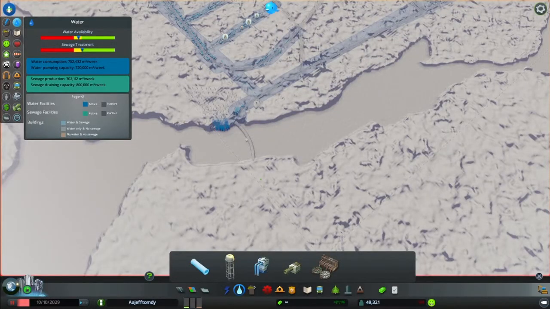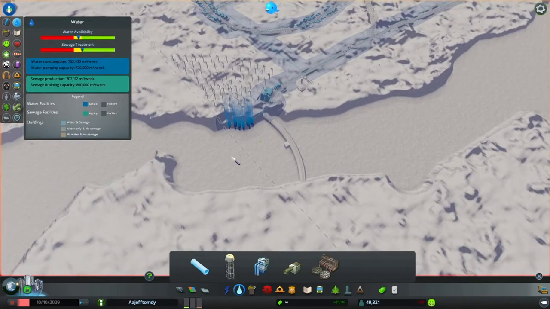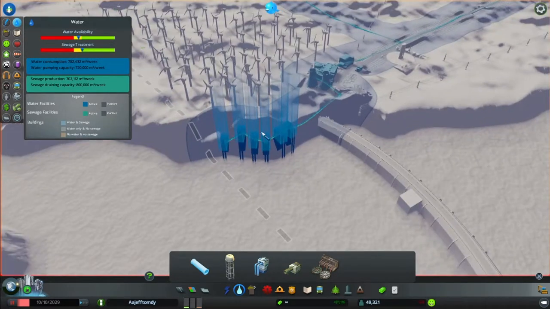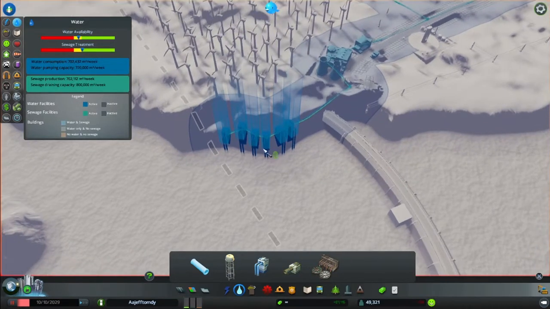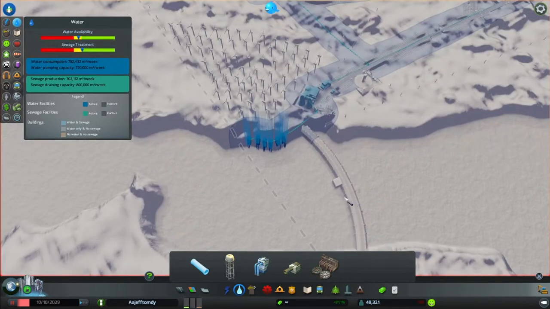All right, here is our water intake along the Congo River. So the water comes in here for our city through the upstream of the Congo River. Our water consumption currently is 702,000 cubic meters a week, and our pumping capacity is 720,000 cubic meters per week.